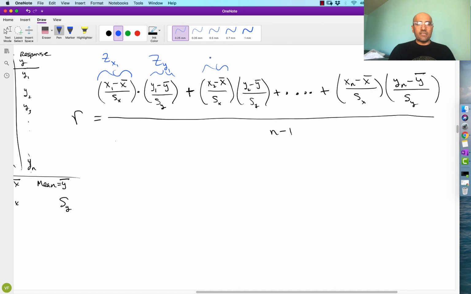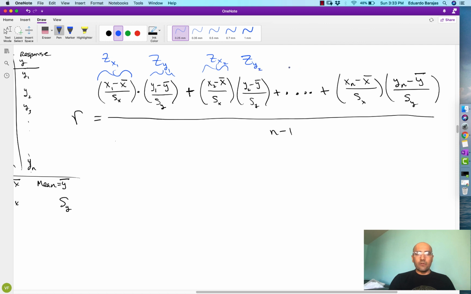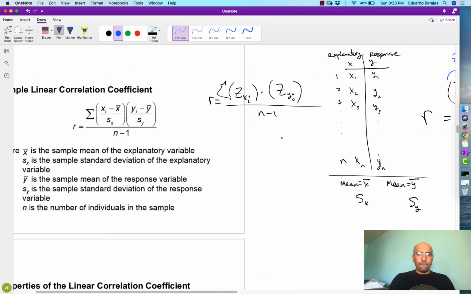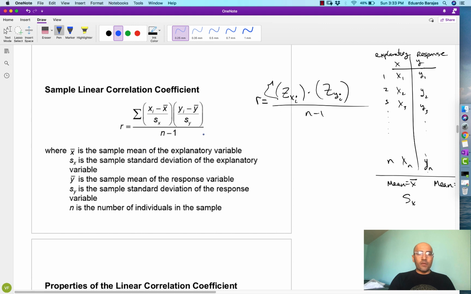And this is the z-score of x sub 2, and then there's the z-score of y sub 2, and so on and so forth. So there's the z-score of x sub n, and this is the z-score of y sub n. Okay, so that's what this is describing.